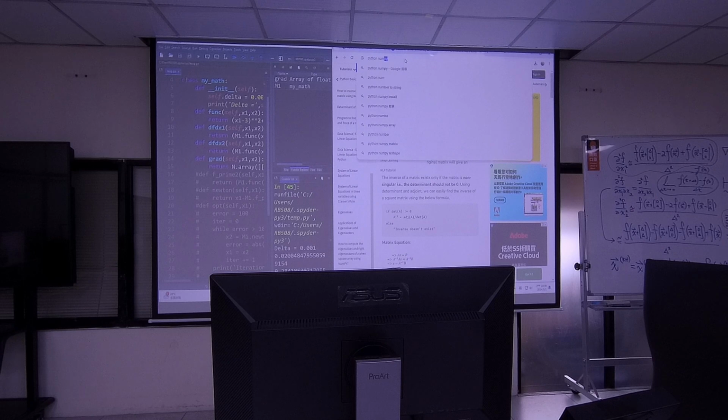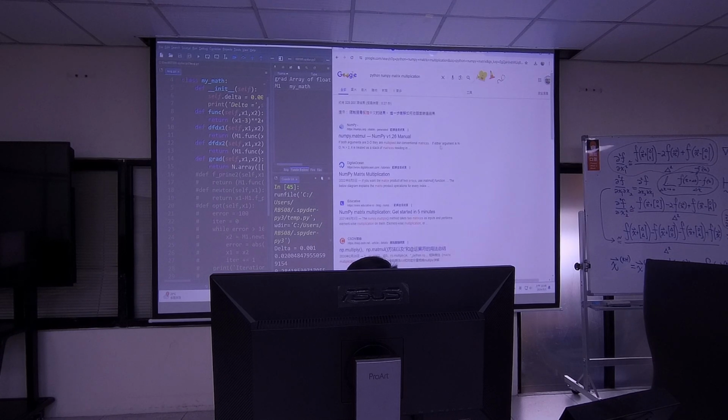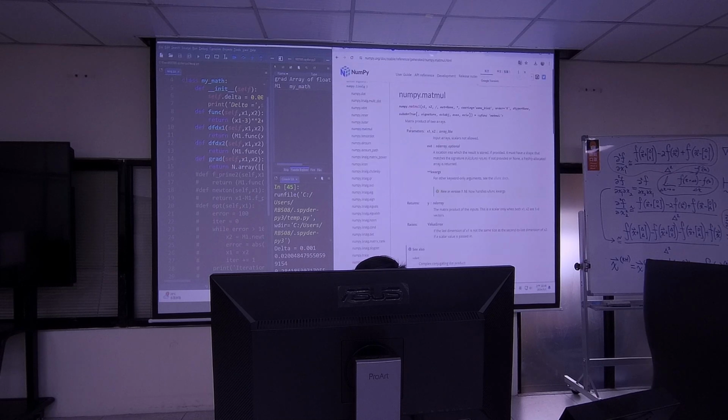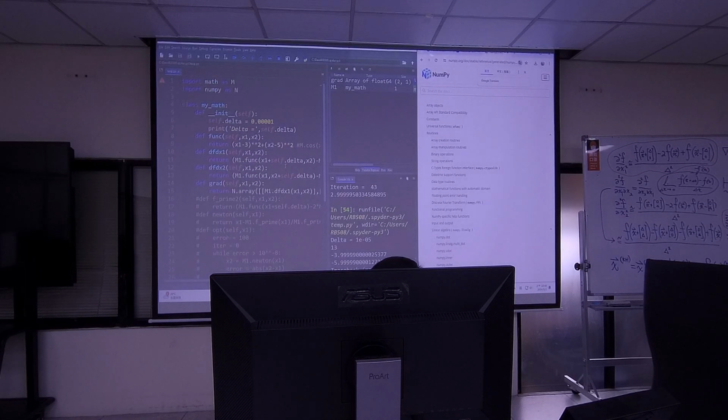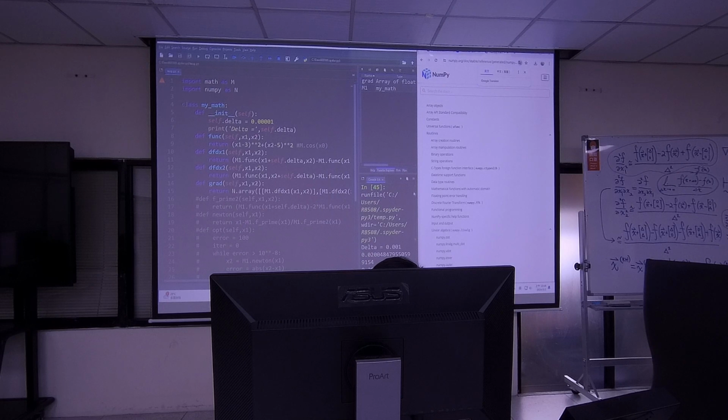Python NumPy matrix multiplication. Oh, matrix multiply. Okay, good. I need those. Otherwise, I cannot do the rest. So far, so good. I have a gradient already.